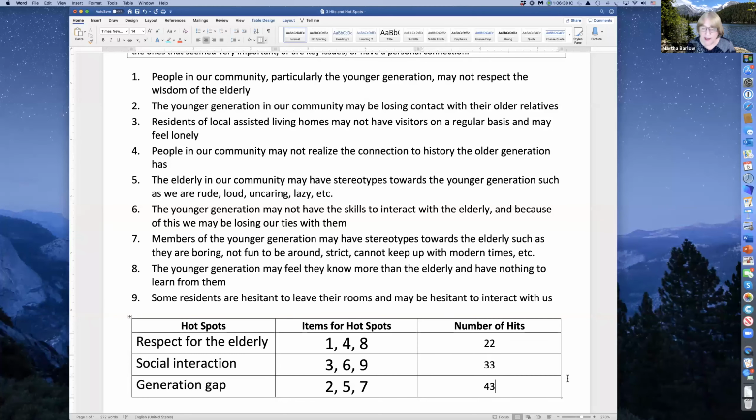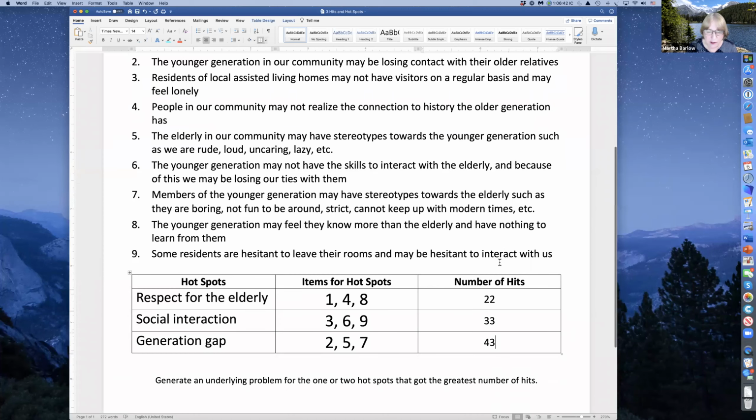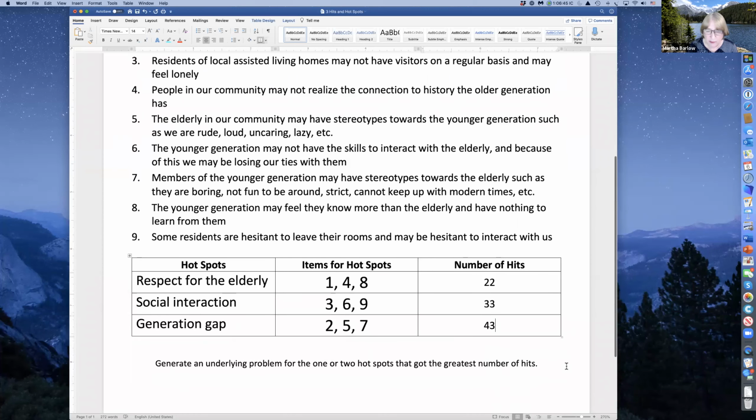Okay. So in this one, then you might take a look at generating an underlying problem for generation gap and maybe for social interaction as well. But this helps you to take your challenges and to organize them, see which speak the most to your team, to help you think about what direction should we go with our underlying problem?